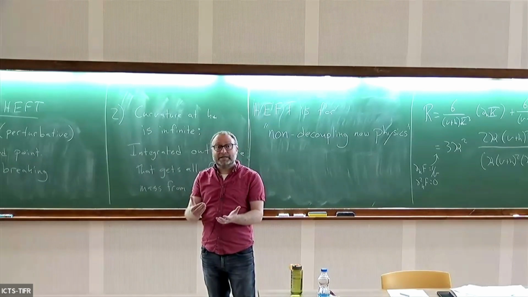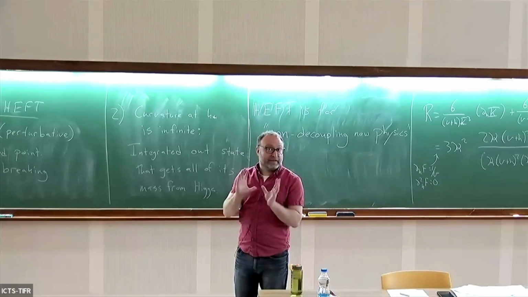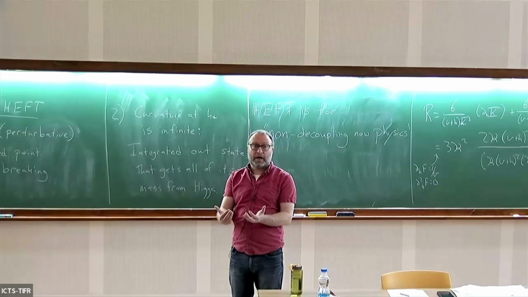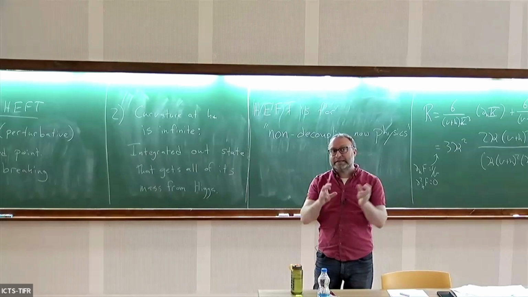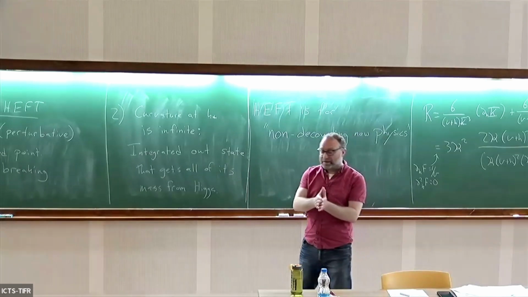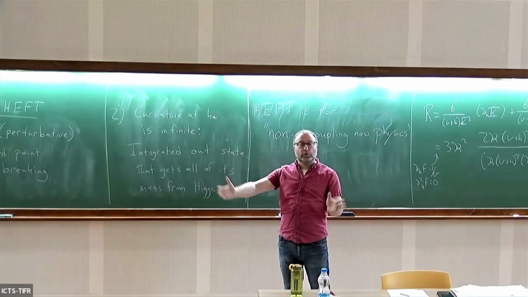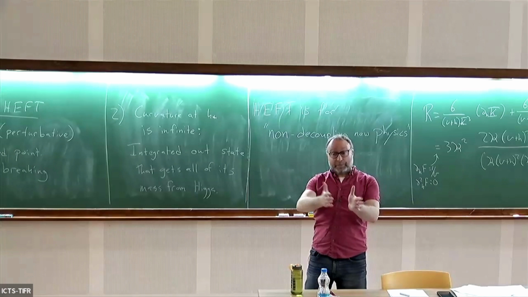Well, the answer is that this criterion, while I think it was correct as stated, is not really physically the right question. Physically the right question, what we call in the paper the practical criterion, is whether or not your EFT expansion converges. Is it useful? If you want to make predictions at dimension 6, is the dimension 8 term small?